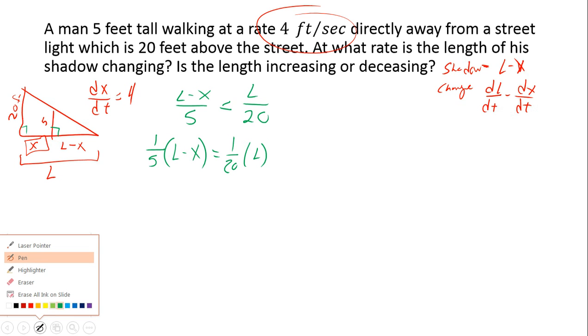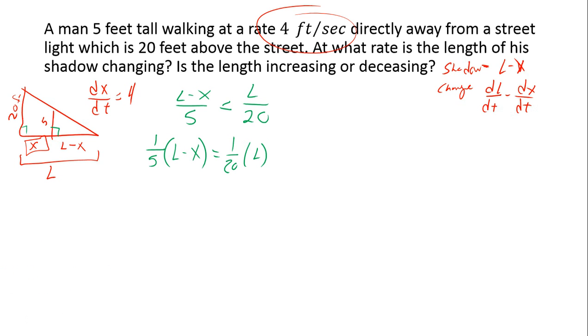What's the derivative of L? Well, it's 1 times dL over dt, and the change in x, which would be dx over dt. And then we would have 1/20th times dL over dt.